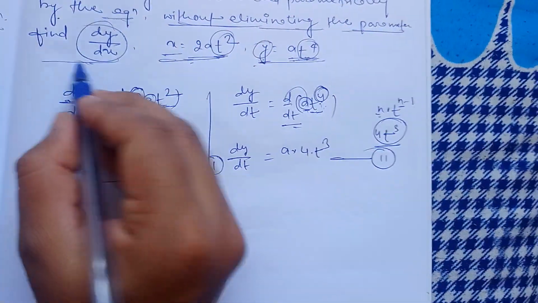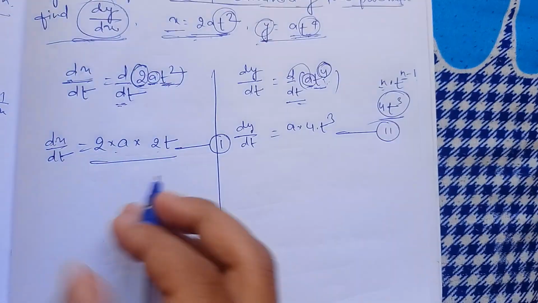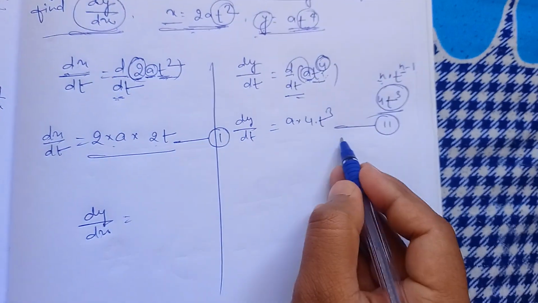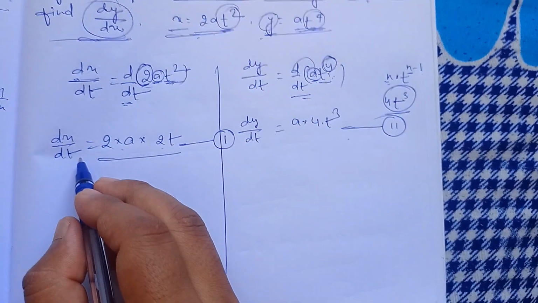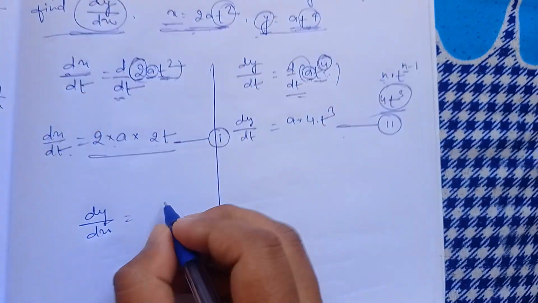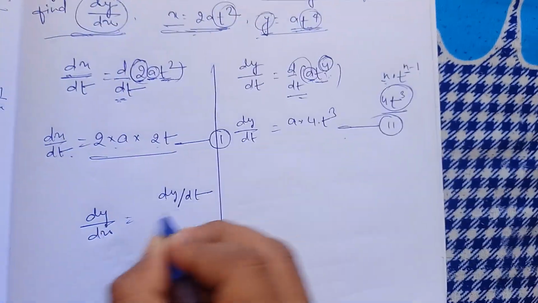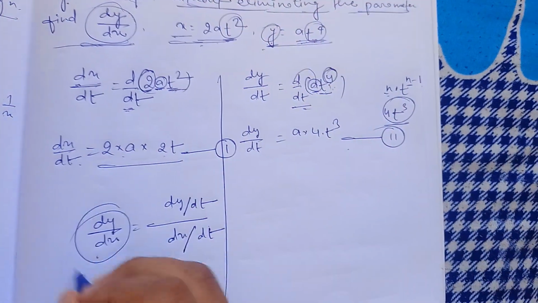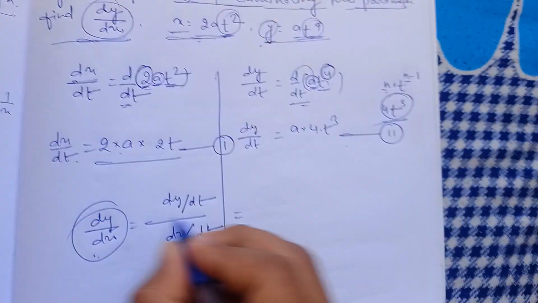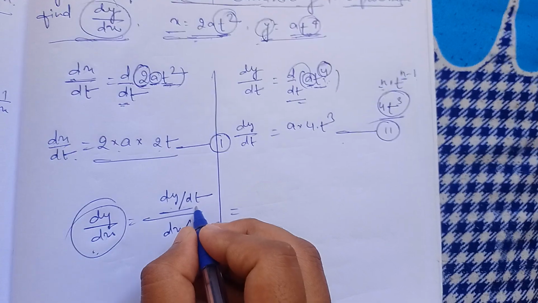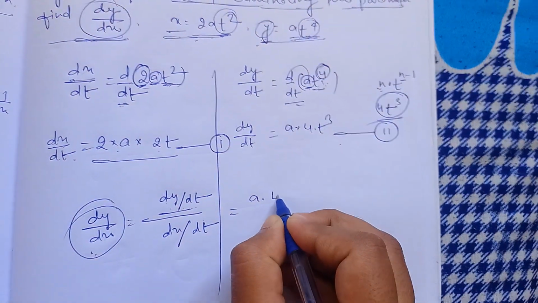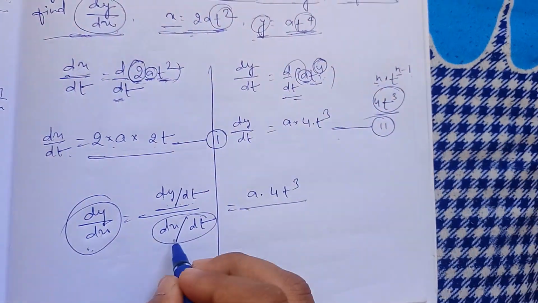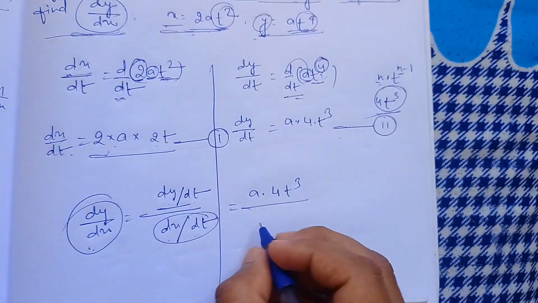What do we have to find? dy by dx. Now equation 2 divided by equation 1. Why? Because dy by dt divided by dx by dt is equal to dy by dx. Now the value of dy by dt is 4 t cubed, divided by the value of dx by dt, which is 4at.